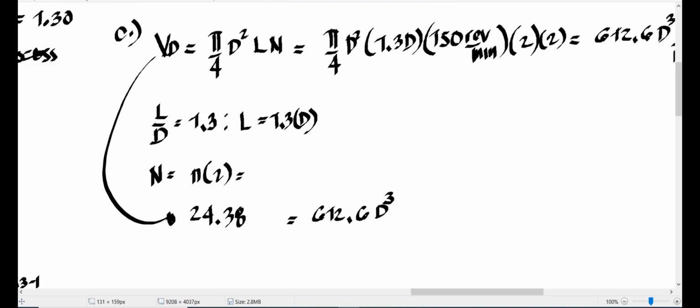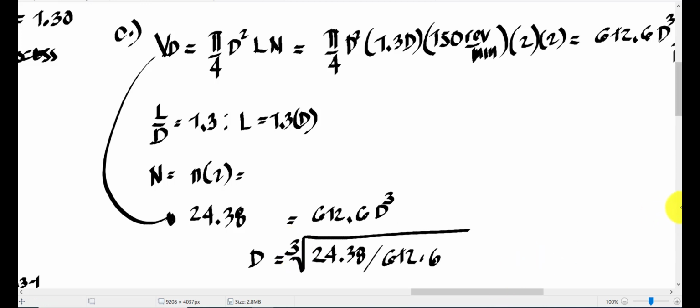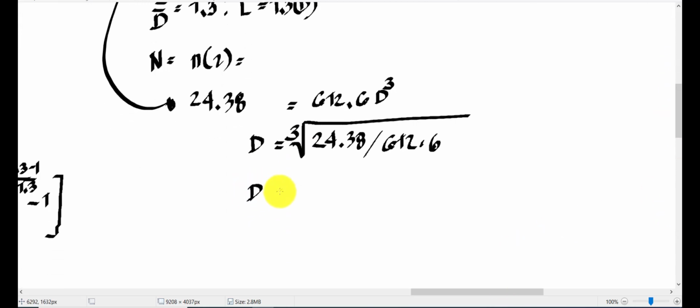So to get the bore, we have your D to the third power equal to 24.38 divided by 612.6. So that will be the cube root of that value. So we have now the value of your D equal to 0.3414 meter, or let's say 34.14 centimeter.